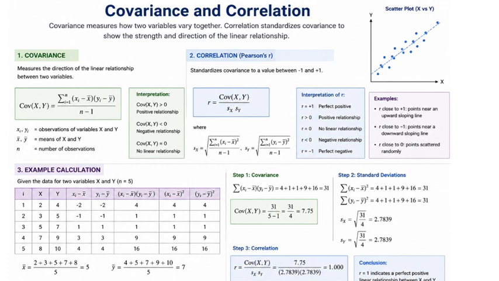That means each data point in x is multiplied with each data point in y after the mean deviation calculation, and finally we get the sum and divide that by n minus 1.